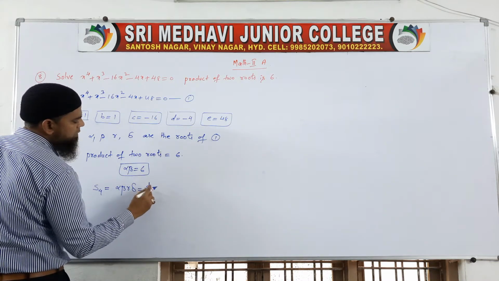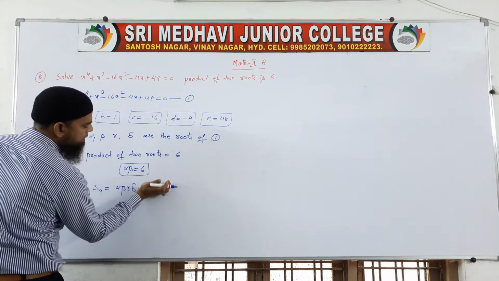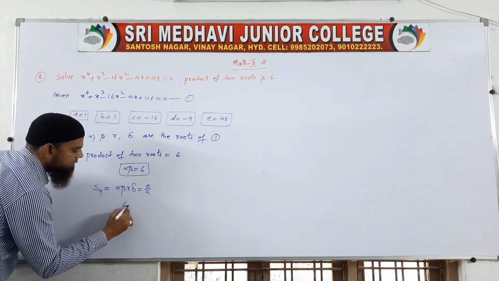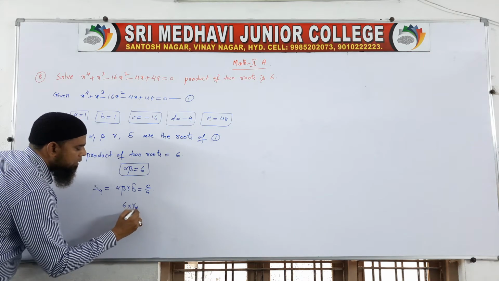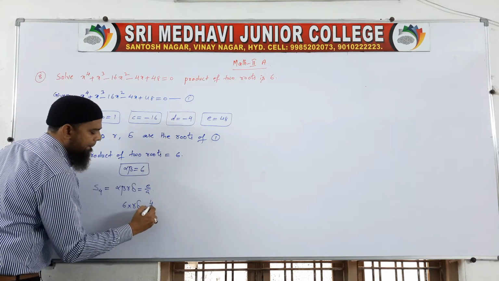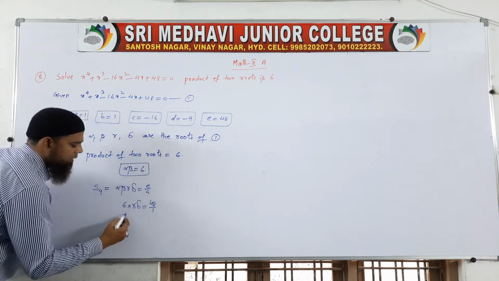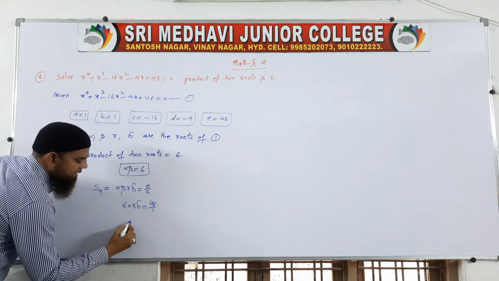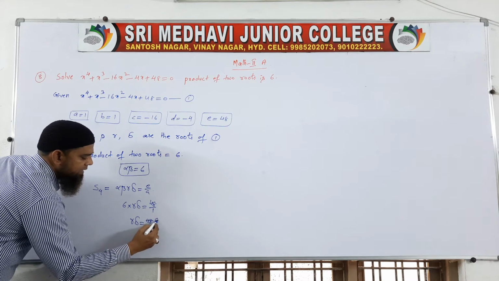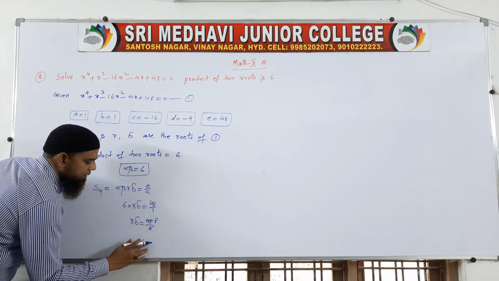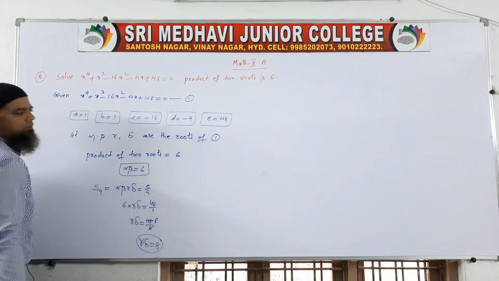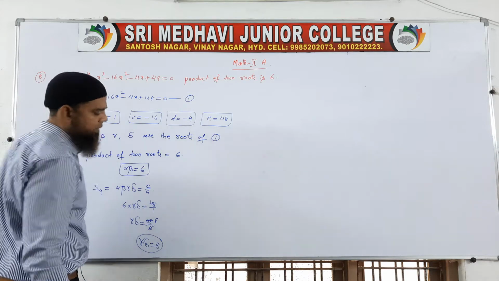So alpha beta, that is 6, into gamma delta is equal to E by A, that is 48 by 1. 1 no need to write. So 6 I am taking in the denominator. Gamma delta is equal to 48 by 6. 6 8s are 48. So gamma delta is equal to 8.